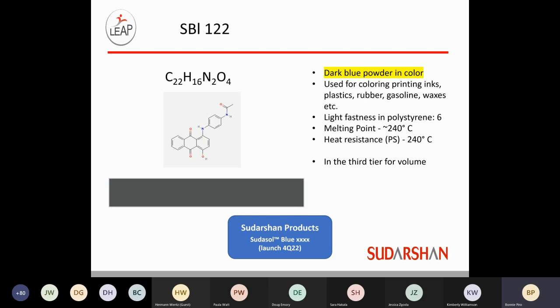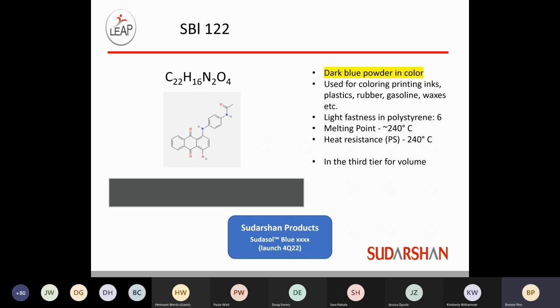Solvent Blue 122. This is a dark blue in color, and it is also used for a variety of printing inks and other applications like rubber, gasoline, and waxes, as well as plastics. It has a medium to good light fastness with a rating of 6.